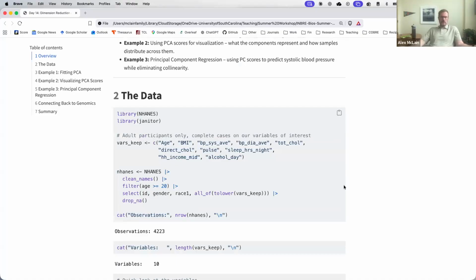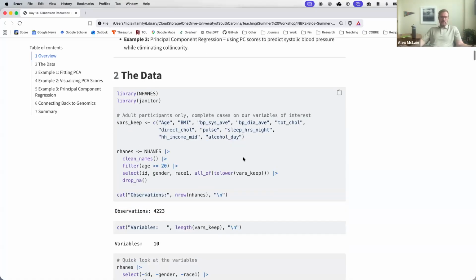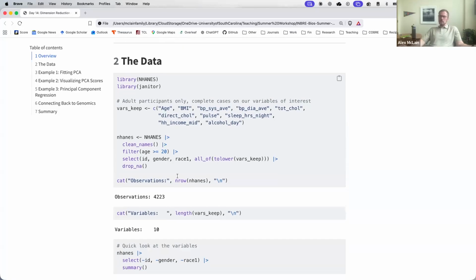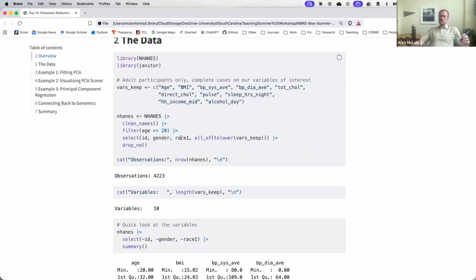So first, let's take a look at the data. These are the variables that we're going to be focusing on: age, BMI, systolic blood pressure, diastolic blood pressure, total cholesterol, direct cholesterol, pulse, sleep hours per night, income, and alcohol per day. We're going to only keep variables that have complete observations.